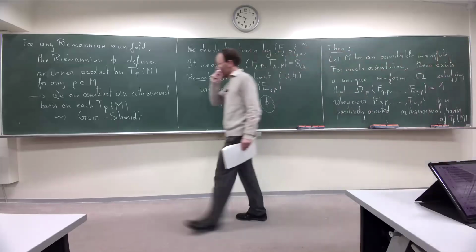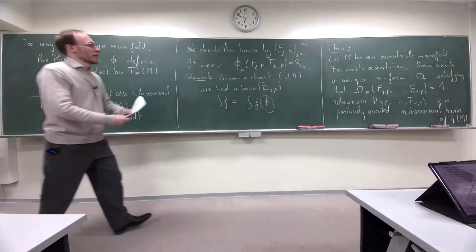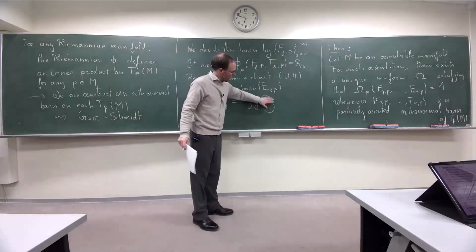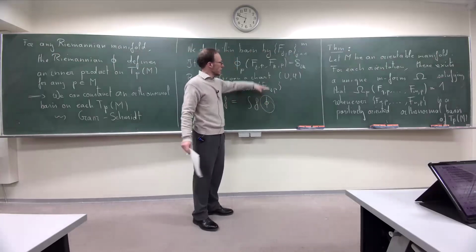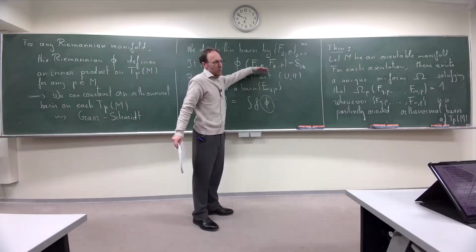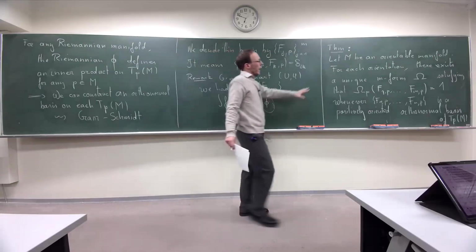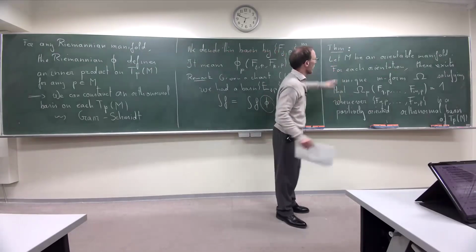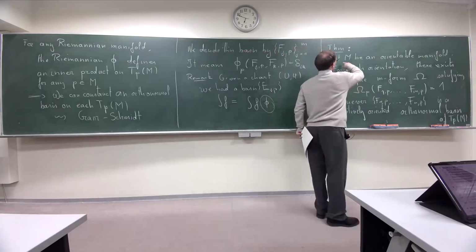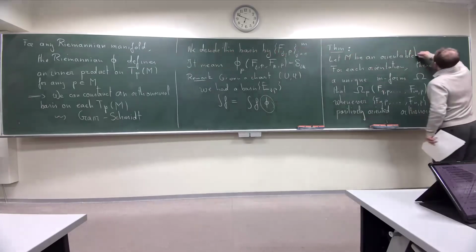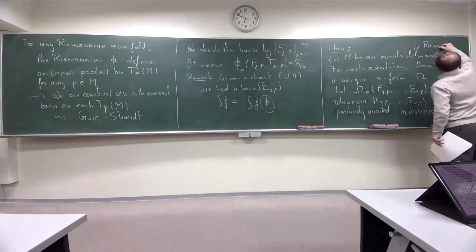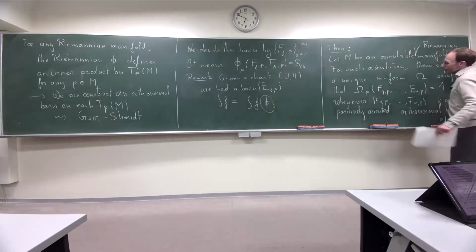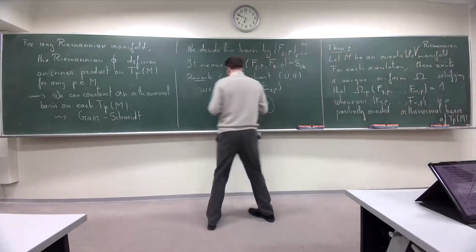Okay, so how to understand this? We have plenty of m-forms. Now for a Riemannian manifold, on every tangent space, we can define at least one basis which is orthonormal. Let M be an orientable Riemannian manifold, since I'm in the Riemannian chapter.